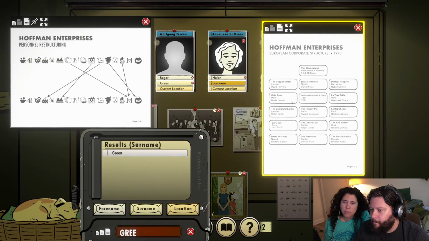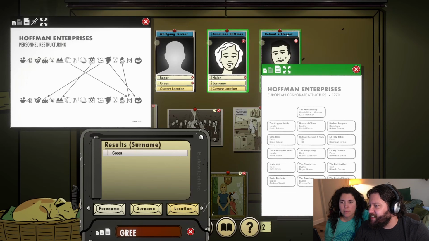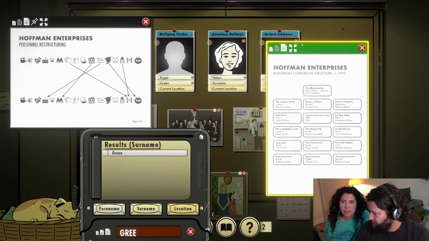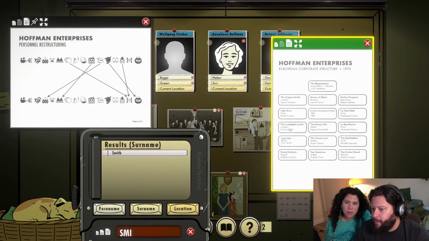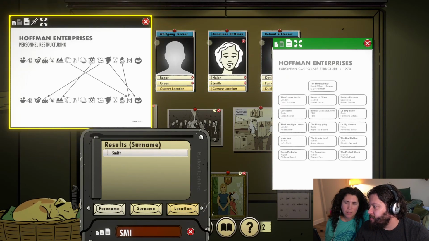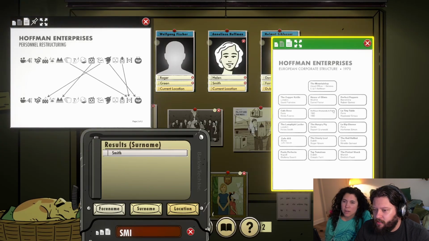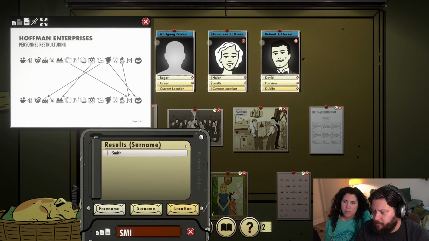Roger Green worked at the Crusty Loaf in Dublin, where Annalise and Helmut went, and Helmut was murdered, and Annalise went missing. Oh, okay. She's Helen Smith, because she was working at The Lamplight Larder. Then the family's moving both of them because they're doing this corporate restructuring to move them to New York.